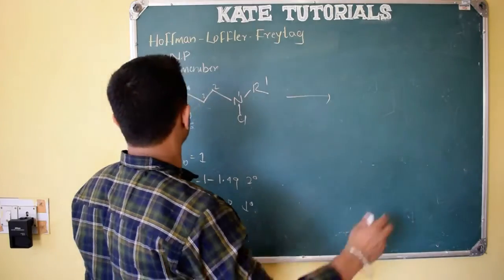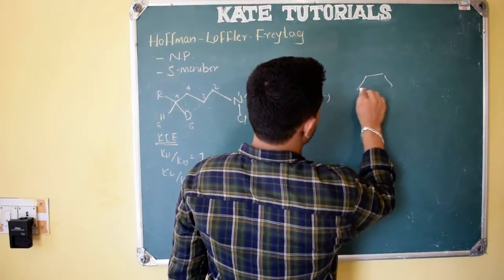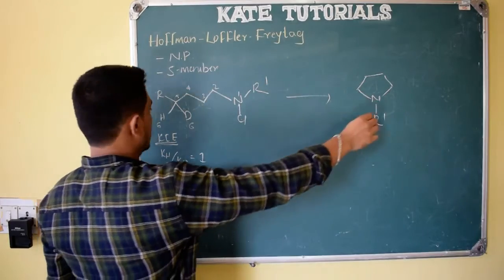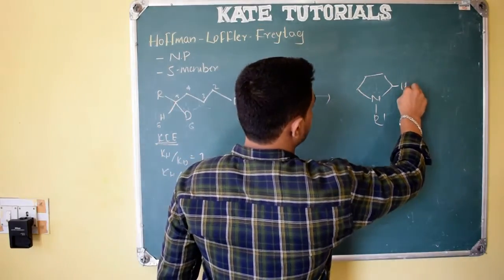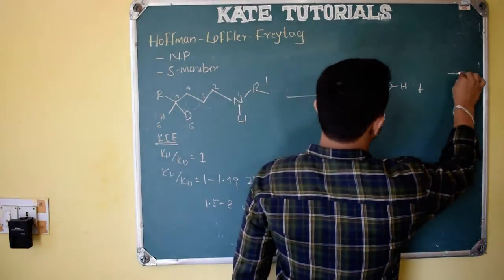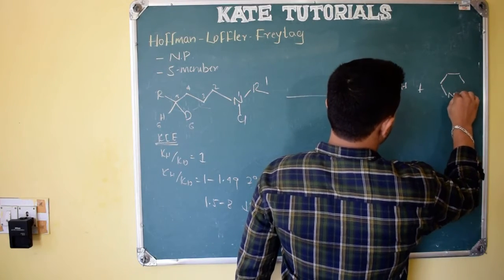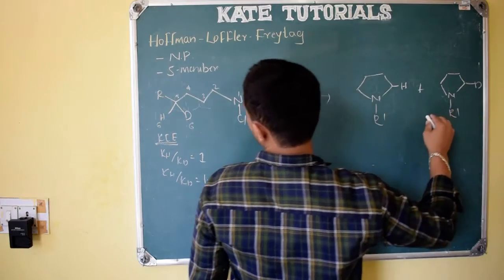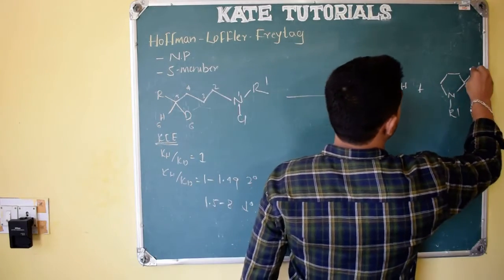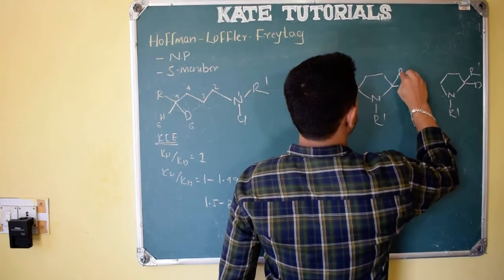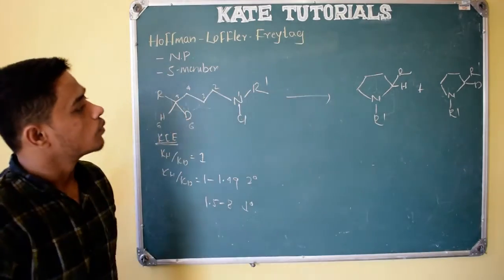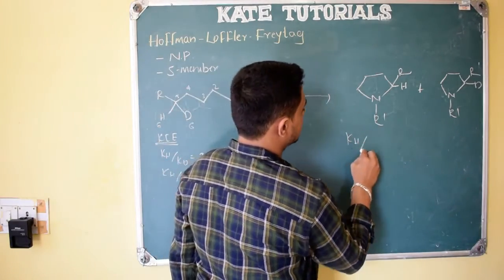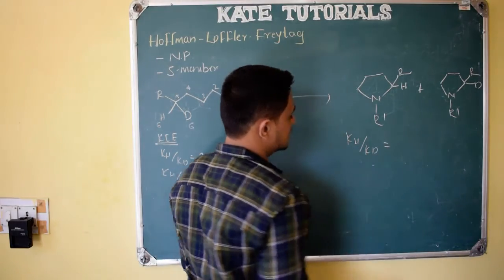So we will get two products. A 5-membered ring only we will get. Here R dash is there on nitrogen, and at the fifth position, in one case hydrogen will be left, in the other case deuterium will be left, right? And one more R is there here. So we saw that during this reaction kH upon kD was how much?